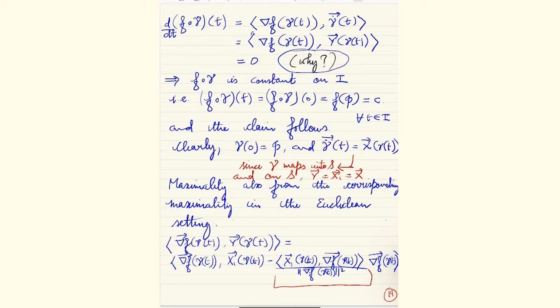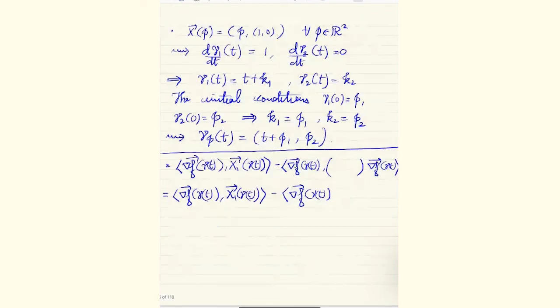So we don't know the orthogonality beforehand. After we know that gamma lies in S, then of course you can go back and say that on S itself, y is the same as x, and therefore this is 0. But at that point in time you don't know this, so you want to prove this in fact, and this becomes 0.